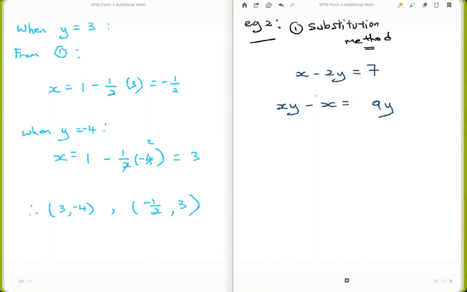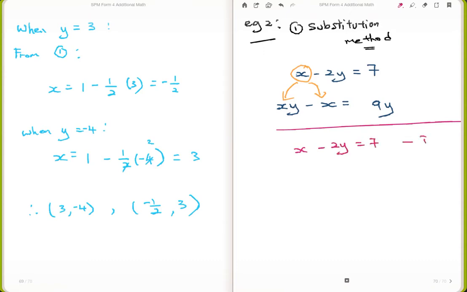You substitute the simpler one into the complicated one. This is the complicated one. So what we'll do is substitute x into all the x here. Let me show you how to do that. To start out with, in your working, copy the equation x minus 2y equals 7.